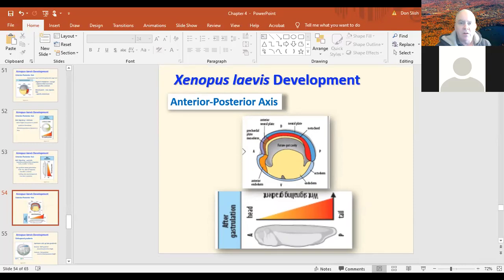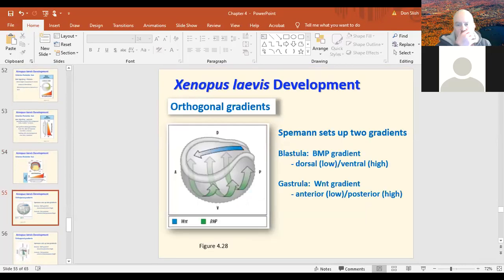Okay. So the Spemann organizer then is setting up 2 different gradients. One is the BMP gradient from high down the bottom to low up top, and that's ventral to dorsal, okay? BMP will specify your ventral structures.